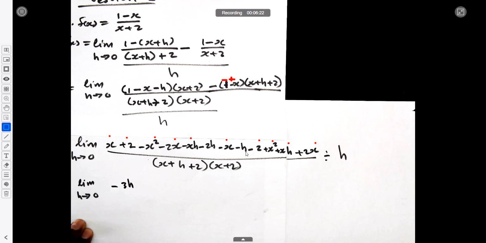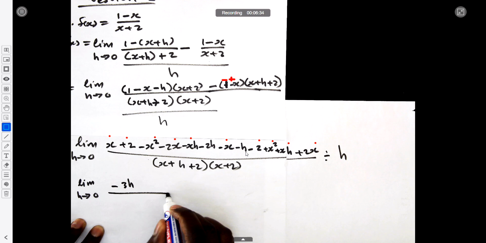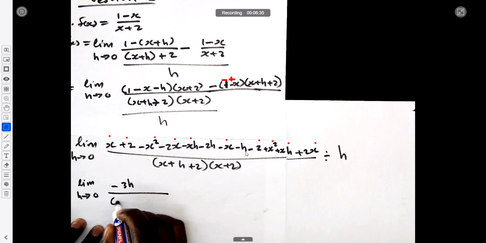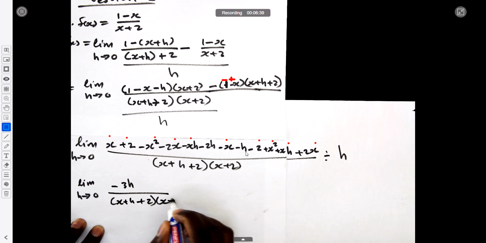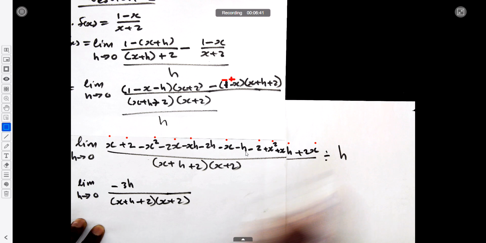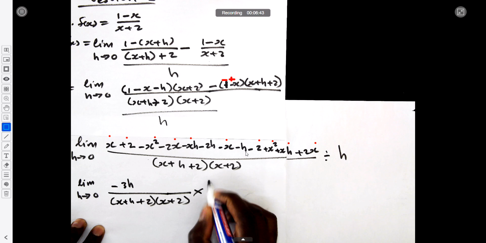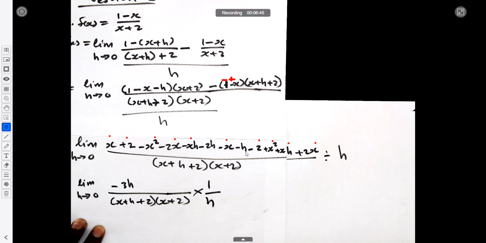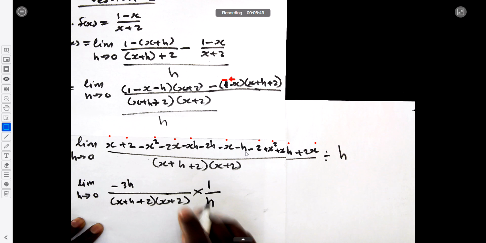So always when you do this type of algebraic function from first principle, the numerator must have at least a term that consists of h, always. And all divided by x plus h plus 2, and then in bracket x plus 2. Let's change the division sign to multiplication. Then 1 goes to the numerator, and h goes to the denominator.